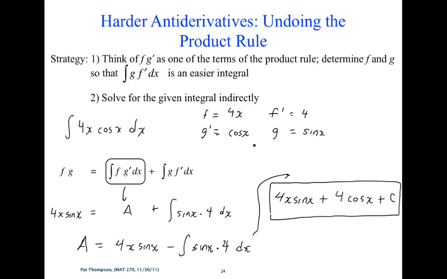I'm solving for A, so I'm doing this minus this. The antiderivative of negative sine x is positive cosine, right? But the derivative would be 4x cosine x plus 4 sine x plus 4 cosine x, which does not equal that. It's supposed to subtract off.